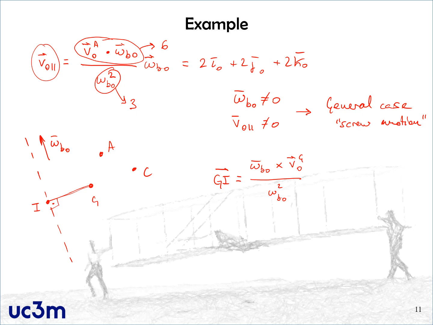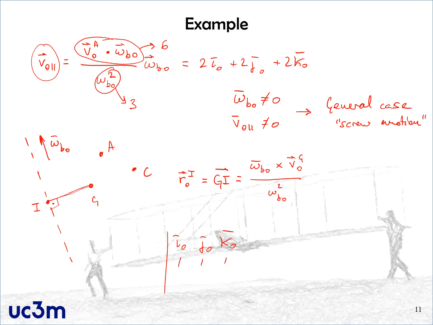Okay, since the position of G is equal to 0, this vector can also be written as the position of I in reference frame 0.